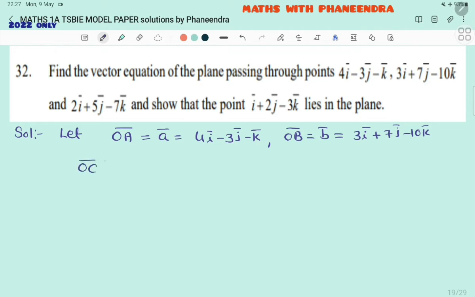OC is equal to small c bar, that is equal to 2i plus 5j minus 7k, and the fourth vector OD, that is equal to small d bar, is equal to i plus 2j minus 3k. But the vector equation of the plane passes through the first 3 points only, no?